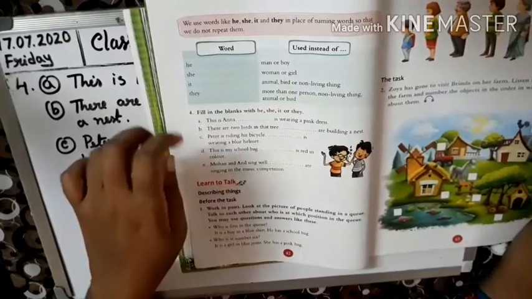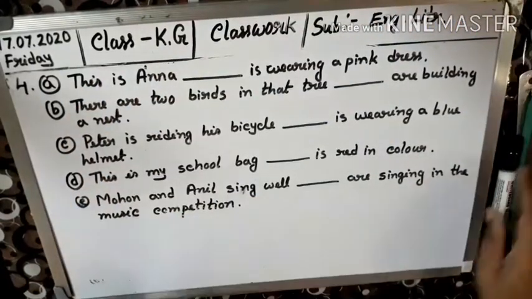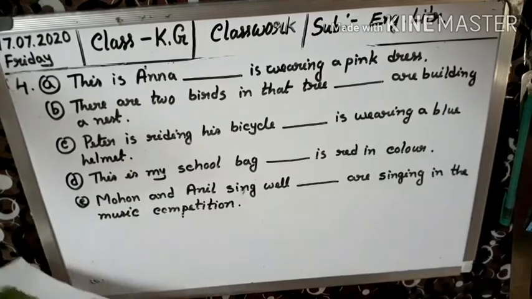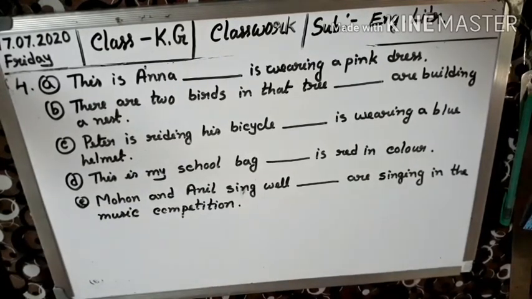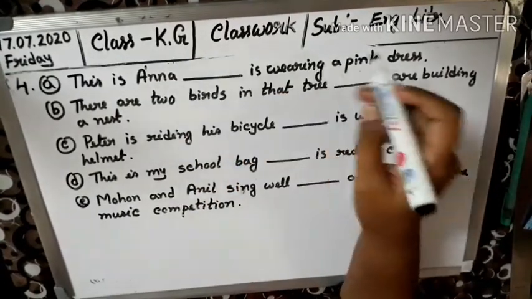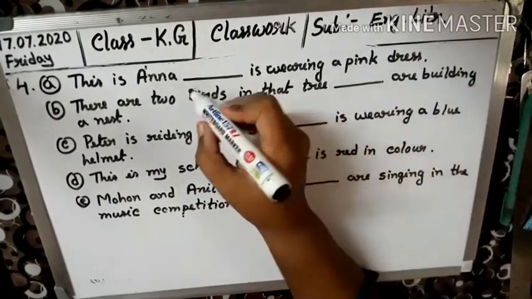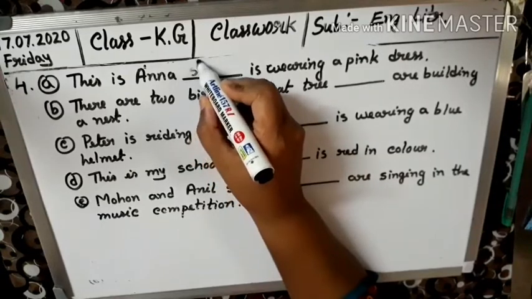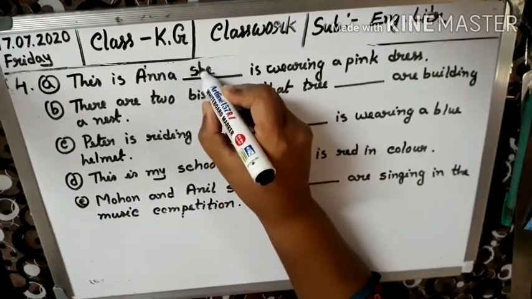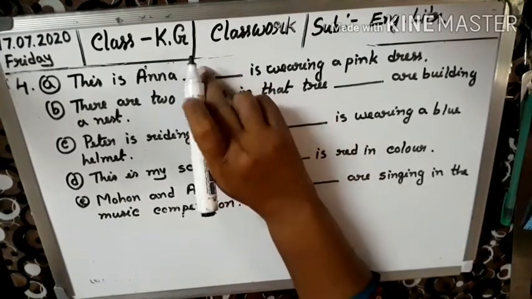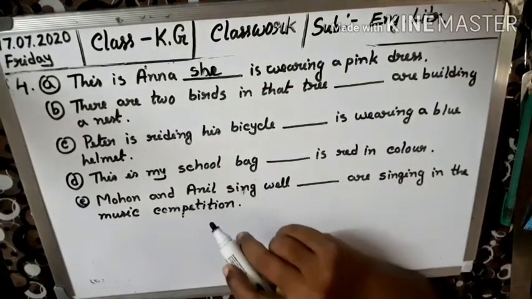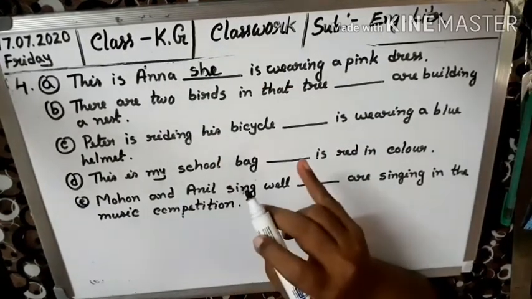A, B, C, D, E. Follow me, children. C. There are 2 birds in that tree.